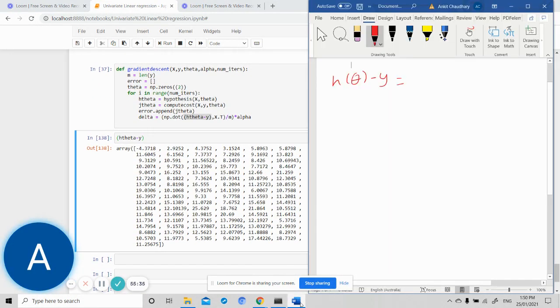So my h minus y is a one-dimensional array, suppose -4, 2, and so on.